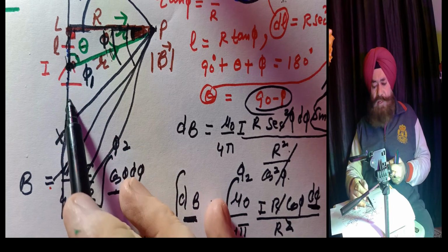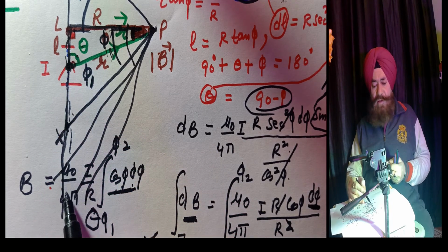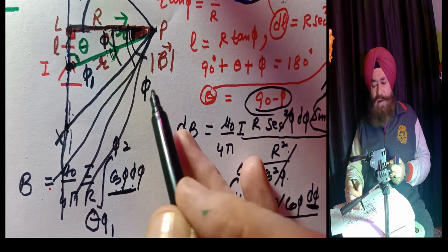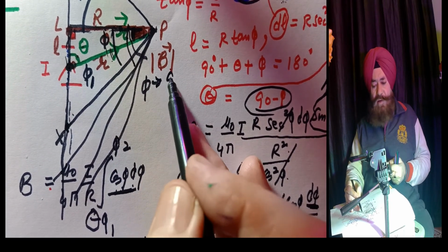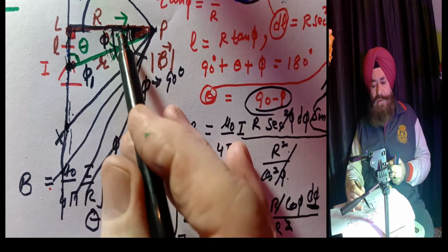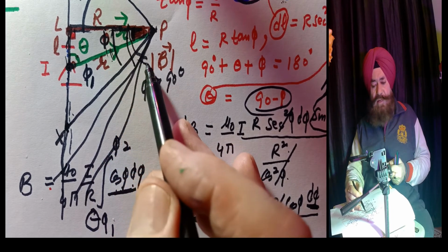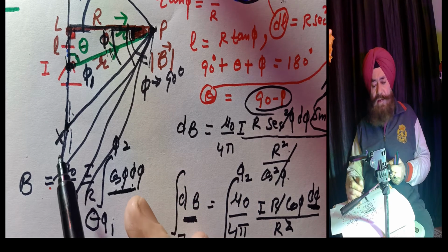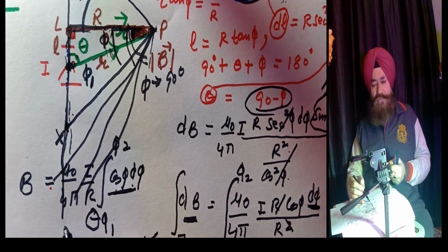And if this conductor becomes infinite in length along this side, this phi angle goes to 90 degree because it is increasing. Ultimately it tends to 90 degree when the length becomes infinite.